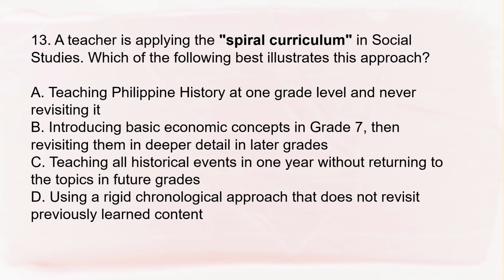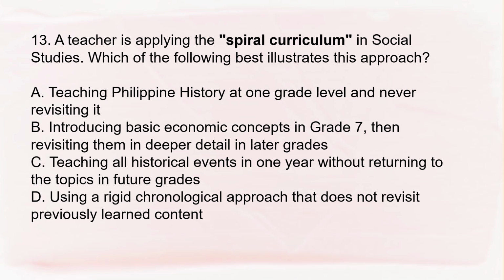Number 13, a teacher is applying the spiral curriculum in social studies. Which of the following best illustrates this approach? Letter A, teaching Philippine history at one grade level and never revisiting it. Letter B, introducing basic economic concepts in grade 7, then revisiting them in deeper detail in later grades.